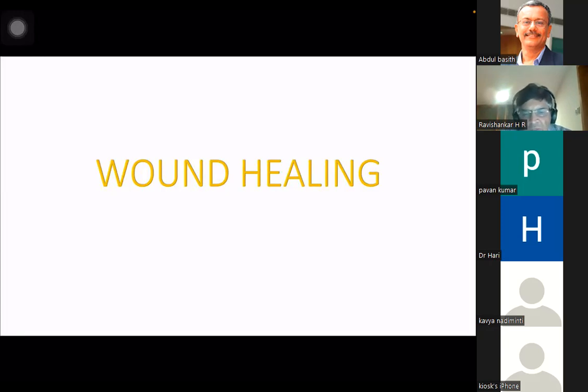So, initially, whatever is the cause for Hashimoto's thyroiditis, there is inflammation. And this ongoing inflammation will then cause autoantibodies to be triggered. These autoantibodies systematically destroy the entire thyroid gland.